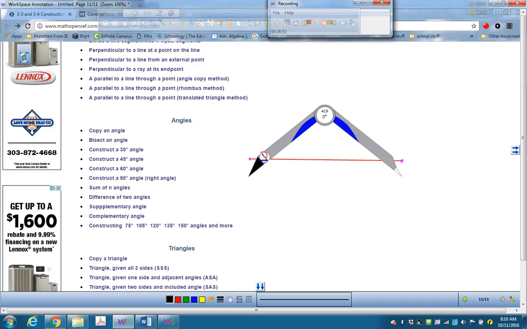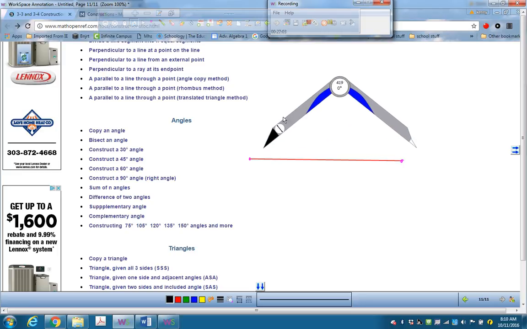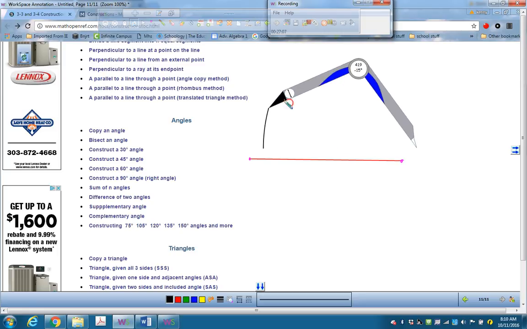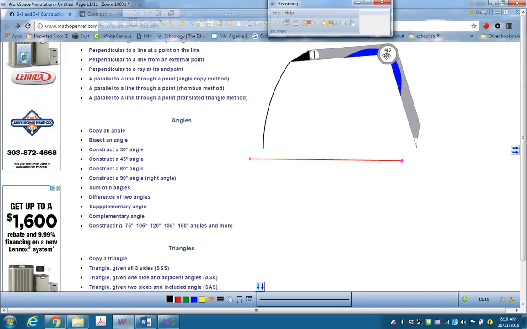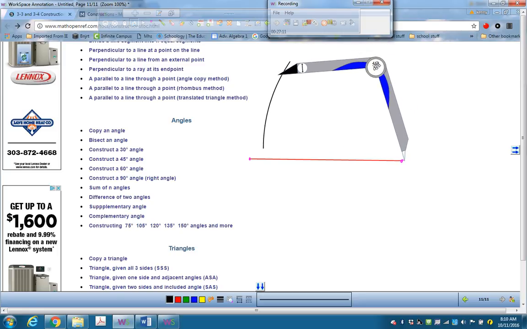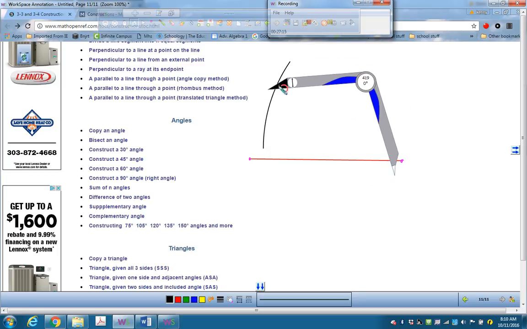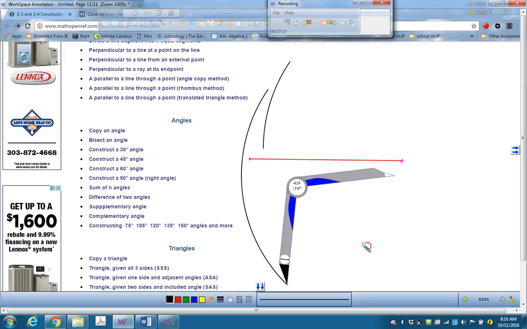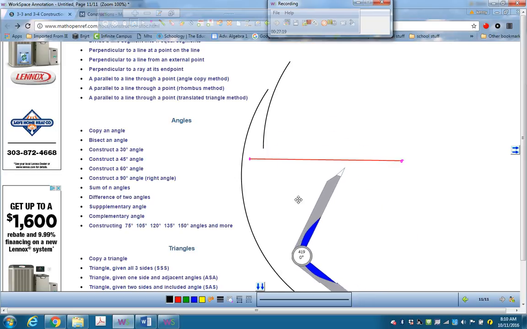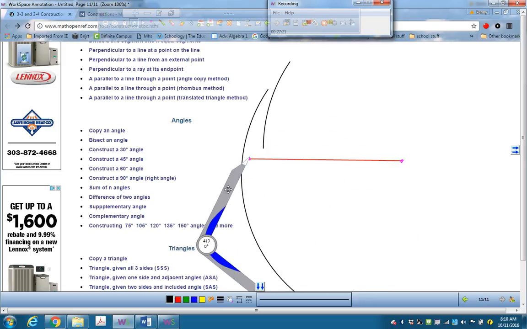I have to remember how to do this. This is why I don't use this thing. I'm going to put the point, I'm going to do my equilateral triangle. Wait, can I move it down here? There we go. No, I made my segment too long. Let me try again, okay?